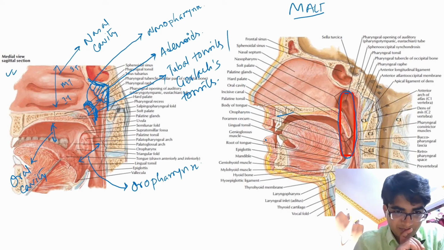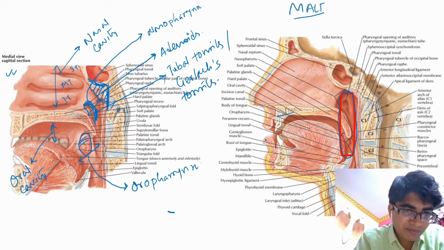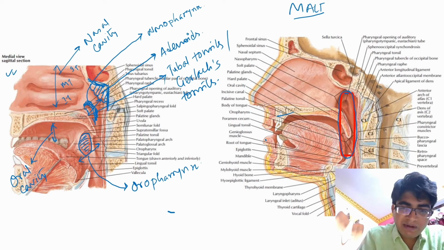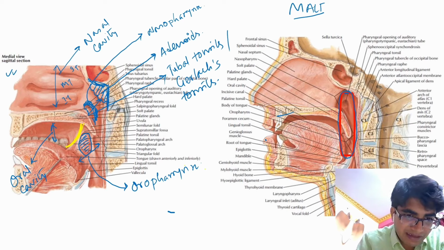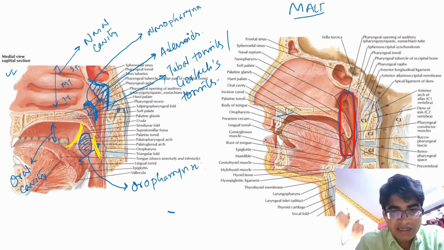Then there is this very big lymphoid tissue in the tonsillar fossa, bounded anteriorly by the palatoglossal fold, that is the anterior pillar, and the palatopharyngeal fold, that is the posterior pillar.